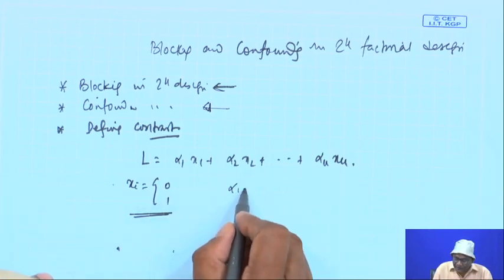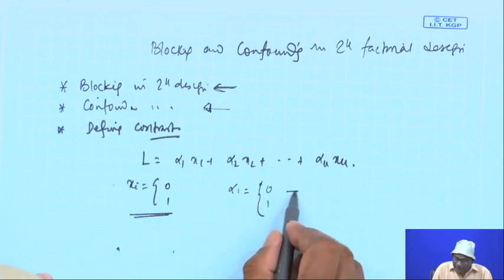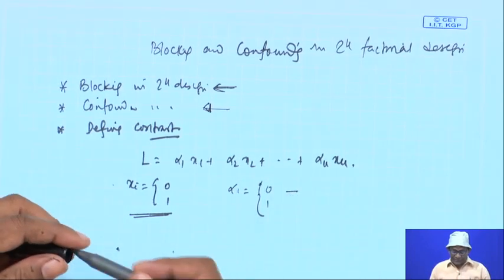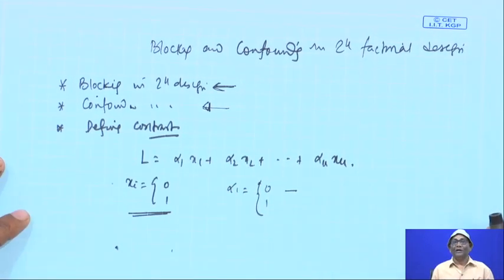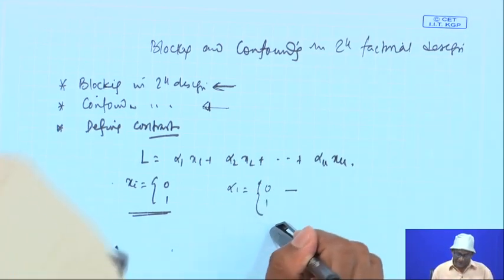Alpha i will become 0 or 1 depending on whether that particular ith factor is present or absent in the effect to be confounded. Depending on that, a 1 or 0 value will be assigned.